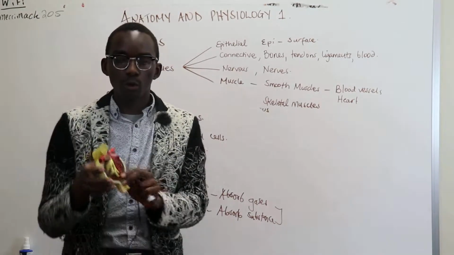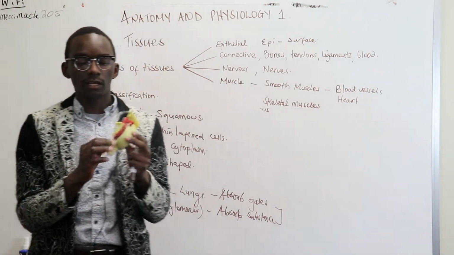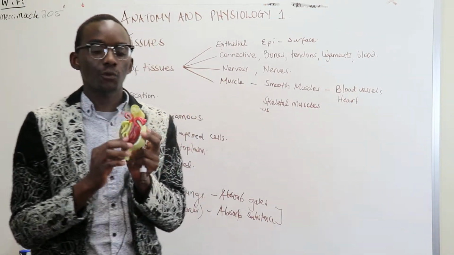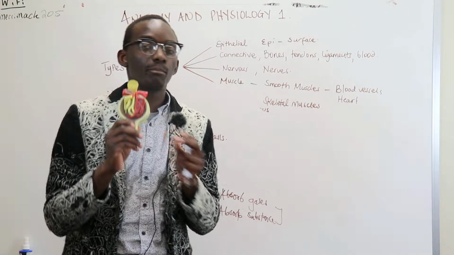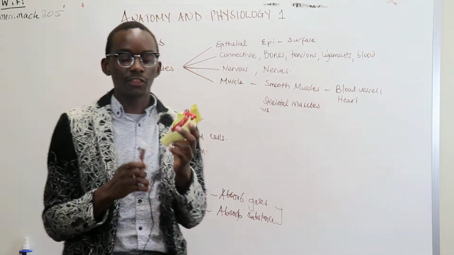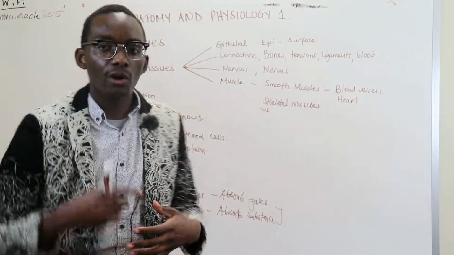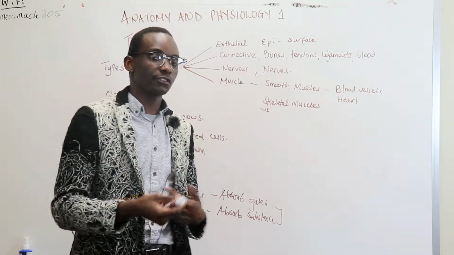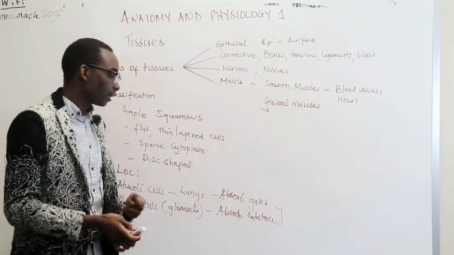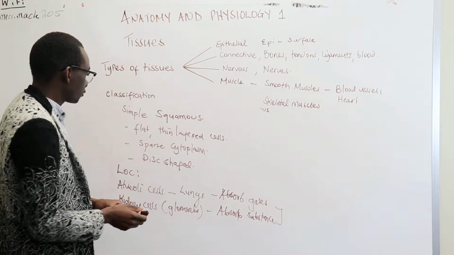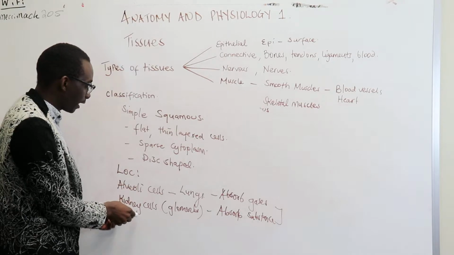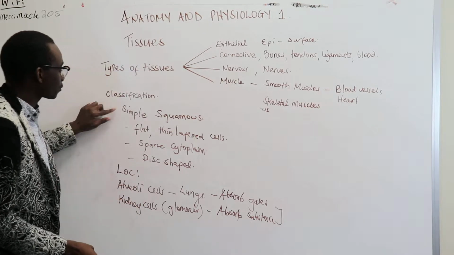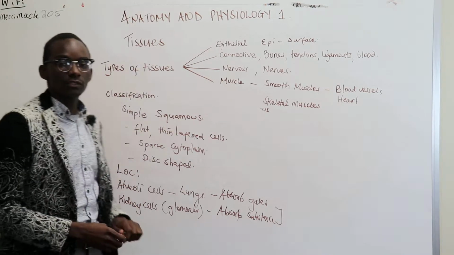I have here a model of cells in the kidney, in the glomerulus apparatus. These cells over here are simple squamous cells. They are thin layered, hence they allow easy movement of substances across them, in and out of the cells. So cells in the lung alveoli and the kidney cells are examples of simple squamous cells.